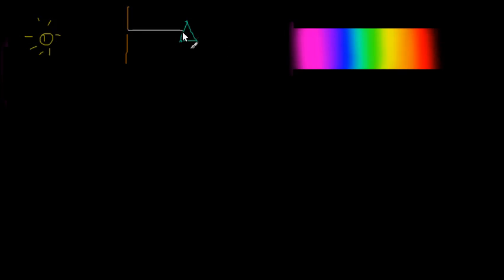So for example, it splits up into red, orange, and the yellow light bends a little bit more, the green light bends a little bit more, the blue light bends a bit more, indigo, I think that's indigo, and violet.